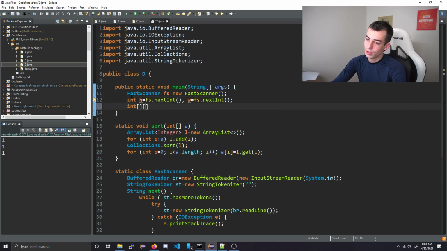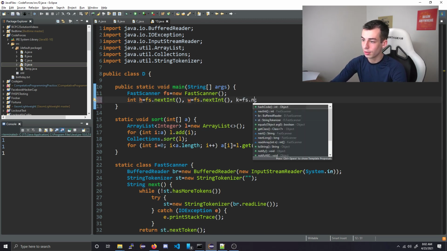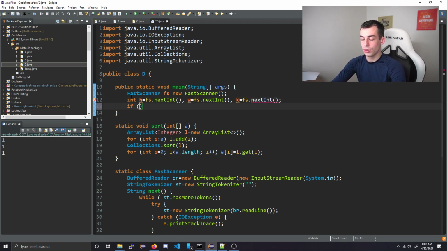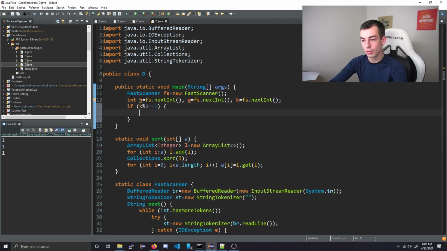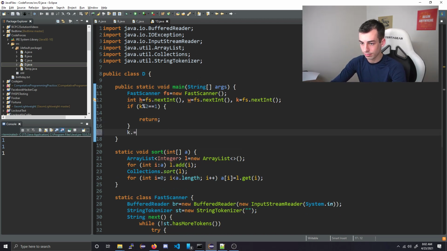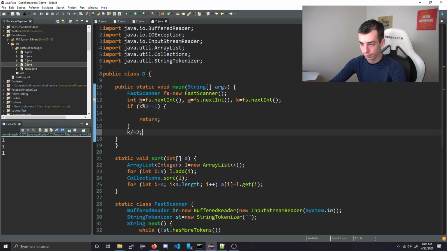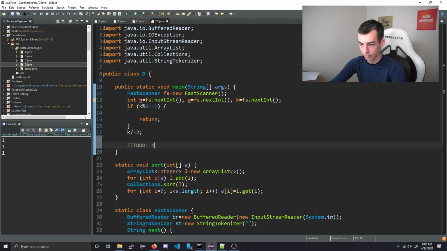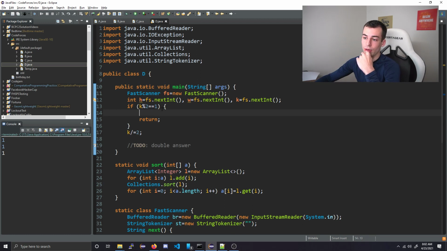So we have this cost, right cost equals, and then we also have k. So if k mod 2 equals 1, all right, so if it's odd, then we print -1 for everything.